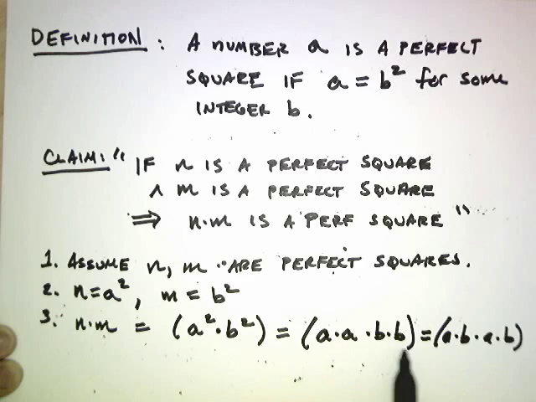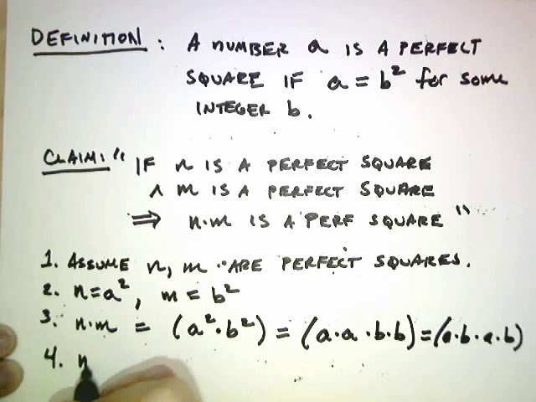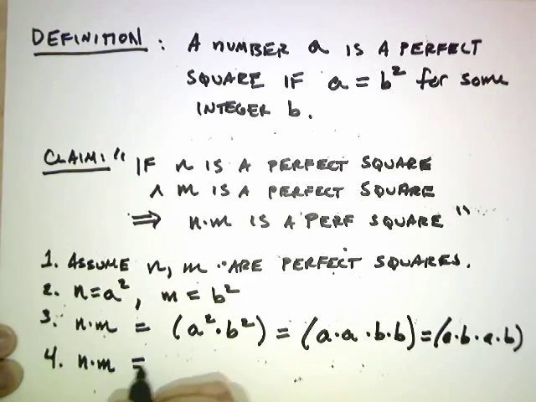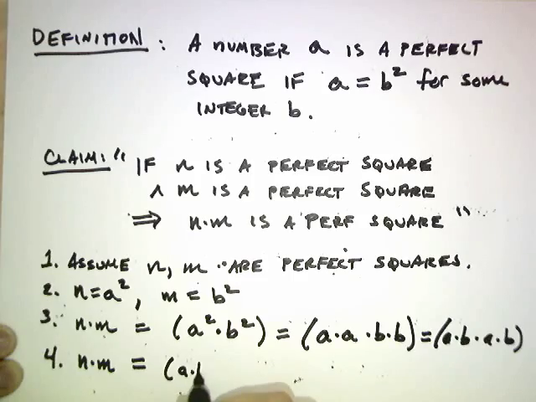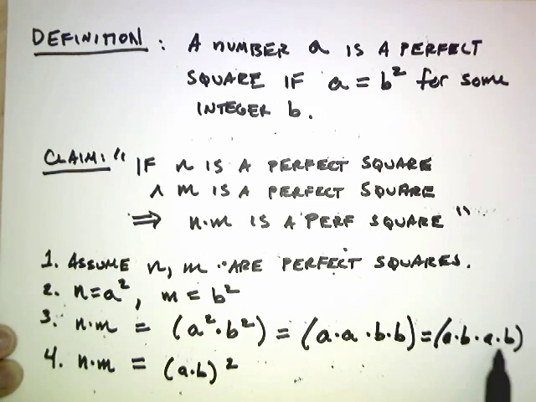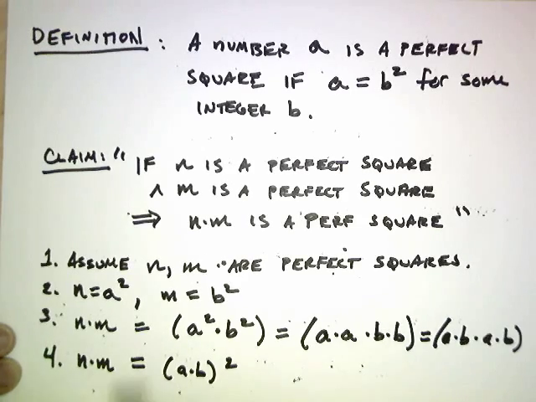It doesn't matter in which order we multiply the numbers together. So I think you can see now that n times m is equal to a times b squared. Because as we said, from step 3, n times m equals a times b times a times b. And so we can conclude that n times m is equal to a times b squared.